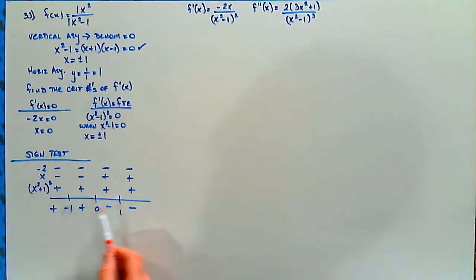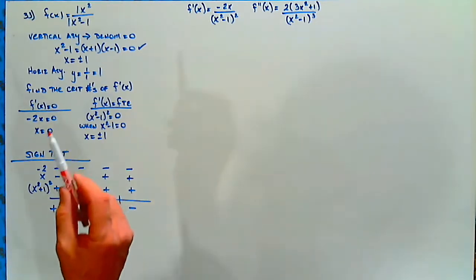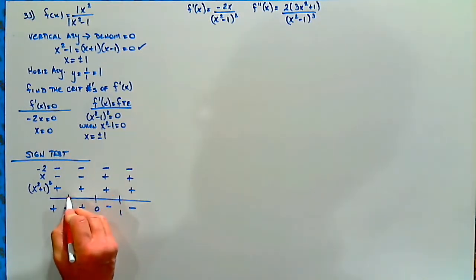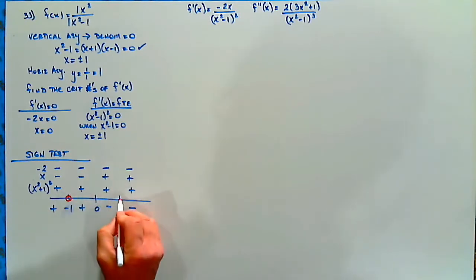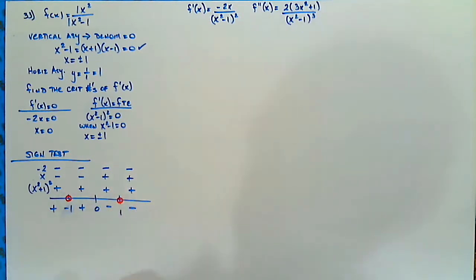But whenever I run a sign test and I have numbers on my number line that are not in the domain, I like to put an open circle around them, to let me know, hey, this is not going to be a local min or a local max, because that number is not in the function. If it's not in the function, it can't be a min or a max of the function. It's not in the domain of the function.